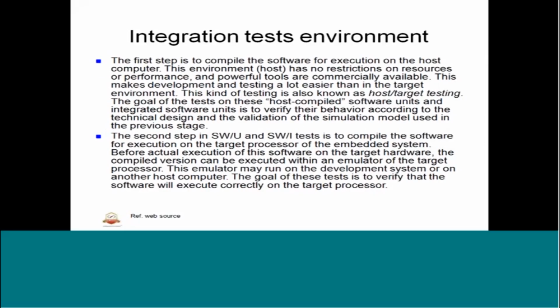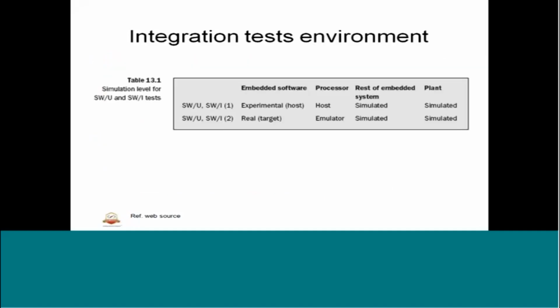So, in continuation, host based environment, target based environment, then host target, a mix of that can be used as well in terms of developing the integration test environment. Also, we had gone through a table from the book in terms of levels of simulation, how it can be done and where it can be used, what is the processor used.